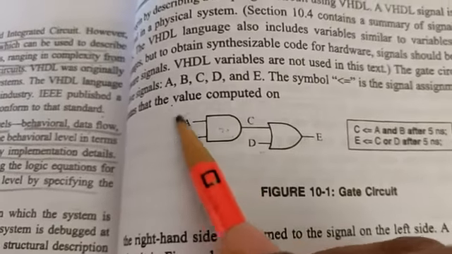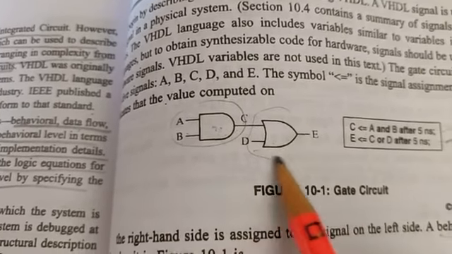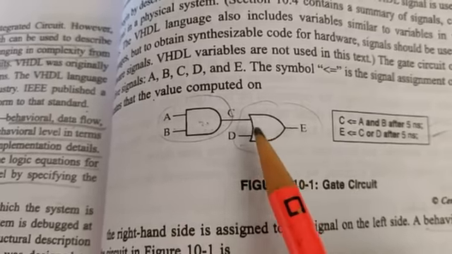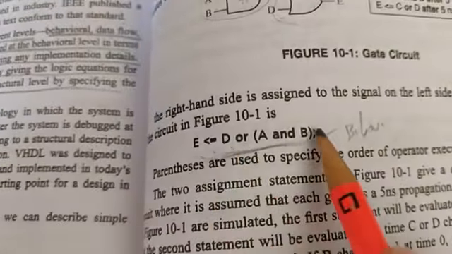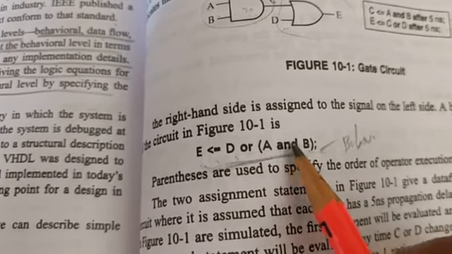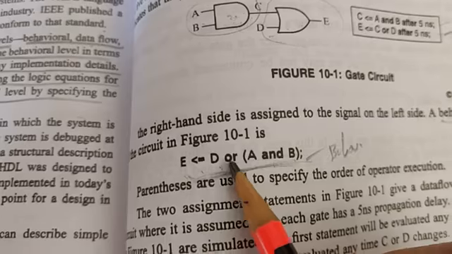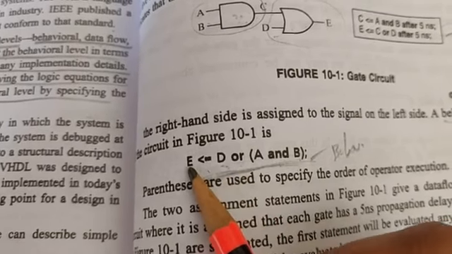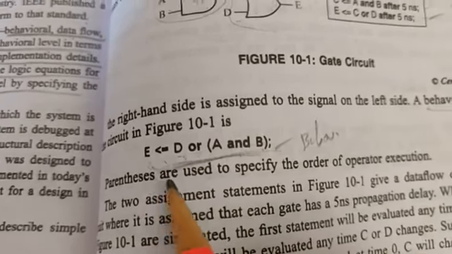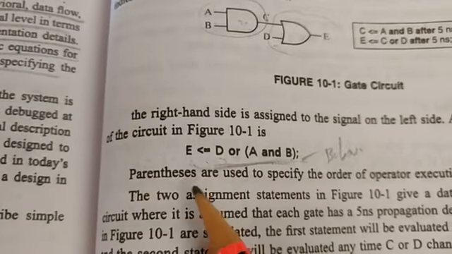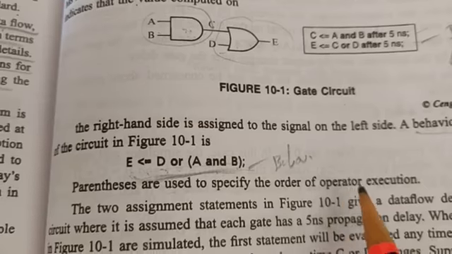This is one component, this is one component, and these two are interconnected in the data flow model. In the behavioral model, within a single line we write the complete logic: A and B, the output of this is ORed with D, and the final result is assigned to E. Here, parentheses are used to specify the order of operator execution.